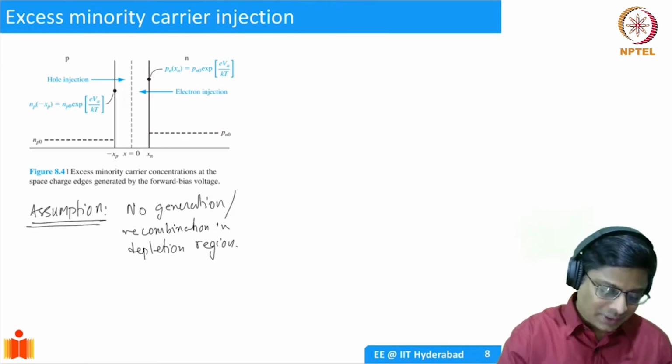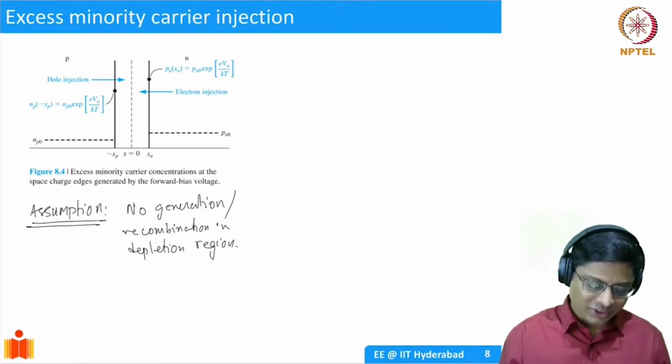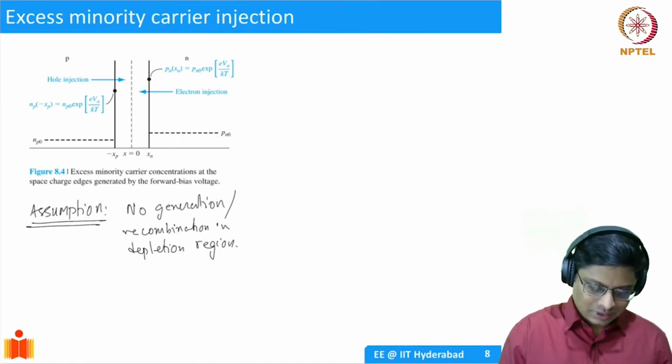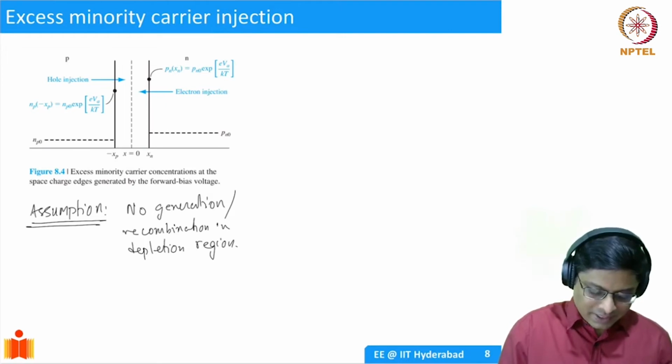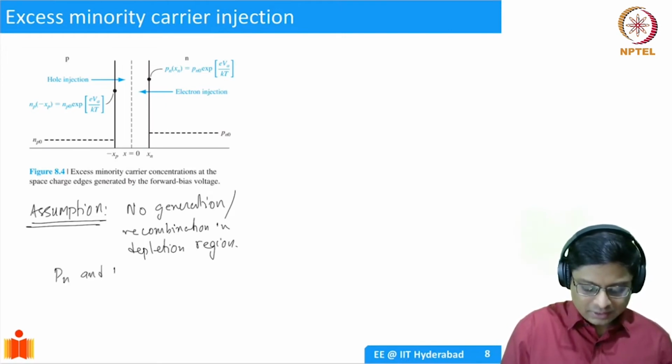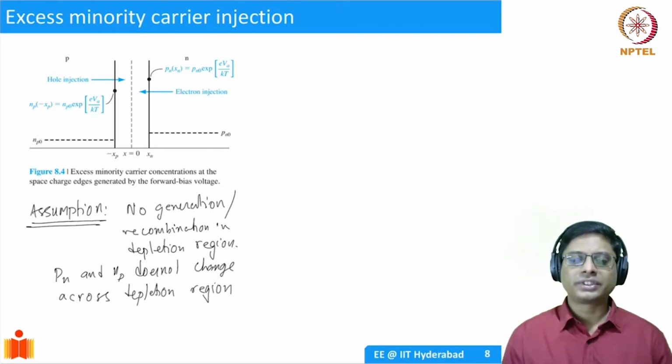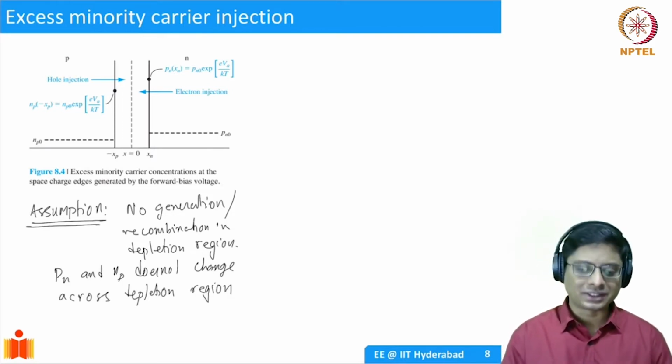So essentially, when we are saying that there is no generation or recombination, we are saying that Pn and Np do not change across the depletion region. All right, so this is what your excess minority carrier looks like.